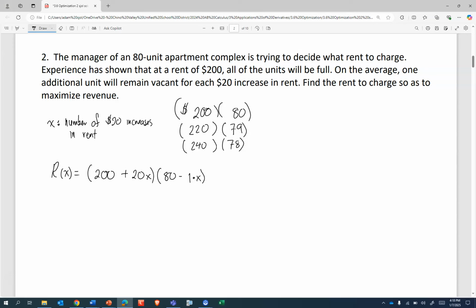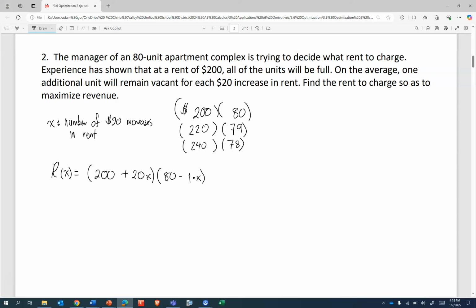X could also be the number of vacant apartments. Notice that's actually true in both cases. But one of those the landlord, the manager, has control over and one he or she doesn't. So x should be the number of $20 increases in rent.